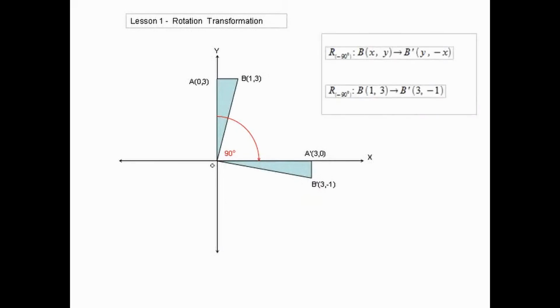Mathematically, we describe this by taking one point on the object, and recall that when an object is rotated, every point on the object is rotated by the same amount. So I can use any point to describe what has happened to the object by analyzing what has happened to that point.